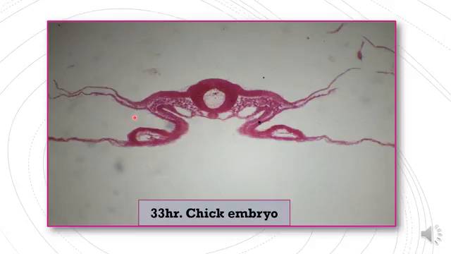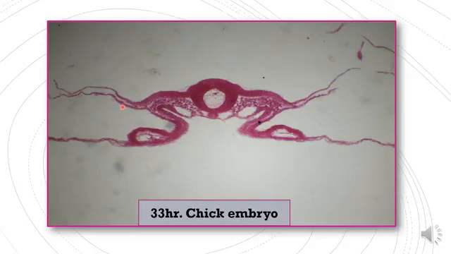The lateral plate of the mesoderm is divided by the intraembryonic cavity. This is the intraembryonic cavity. It divides the lateral plate of the mesoderm into two layers.